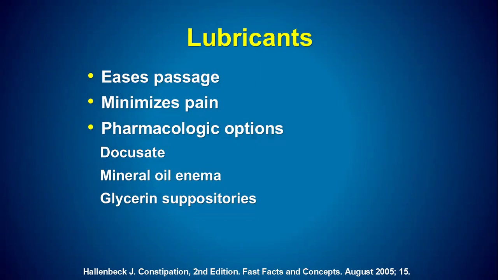We went through all this. So lubricants basically are your mineral oil enema or your glycerin suppository. These are very helpful when, as I said, there is chronic constipation and the patient has not passed stools for, let's say, a week or so. If you put in a glycerin suppository beforehand and then after, they generally pass the stools easily.